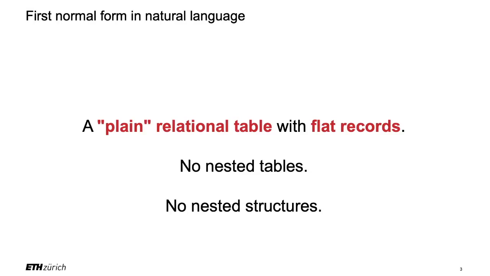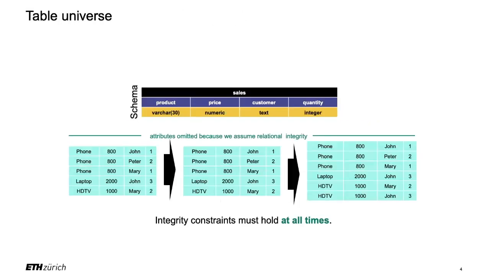Typically, every one of these normal forms comes together with an algorithm to convert a table or a database of tables that is not in this normal form, to convert it into something that is in a normal form, right? So it's like how to fix the database schemas to obtain the normal forms. All right, but that we'll see later. Come back to the other normal forms. The first one just means no nestedness.